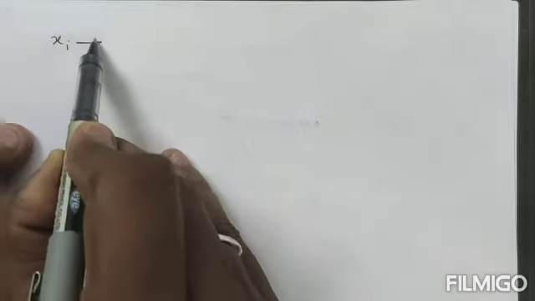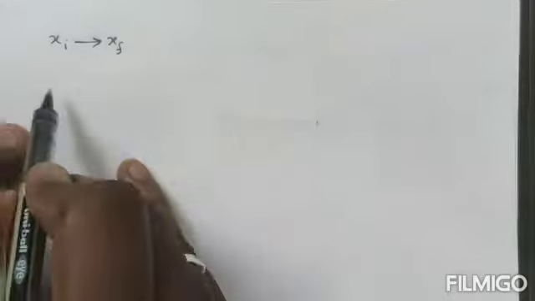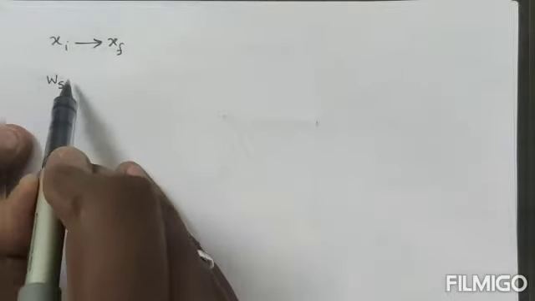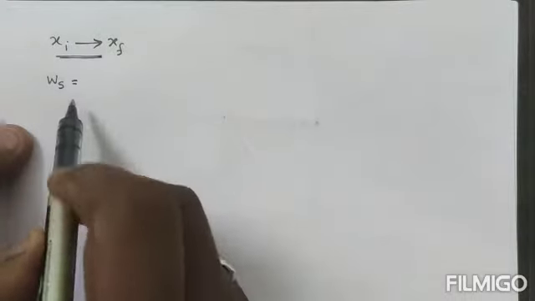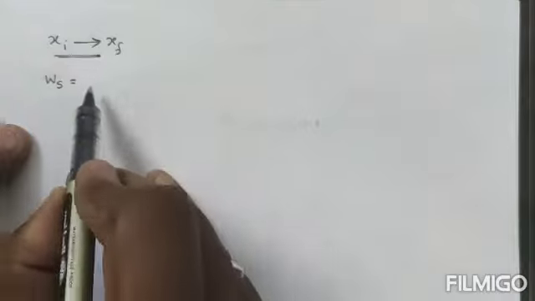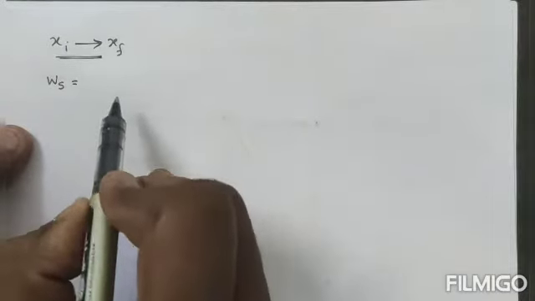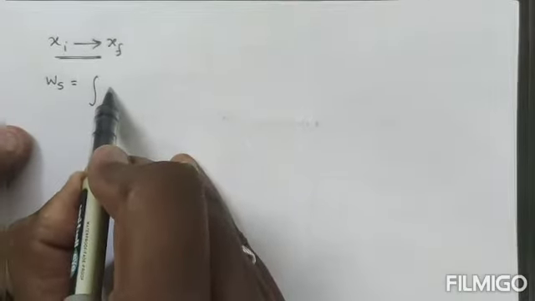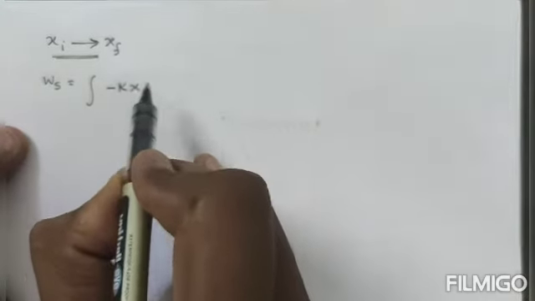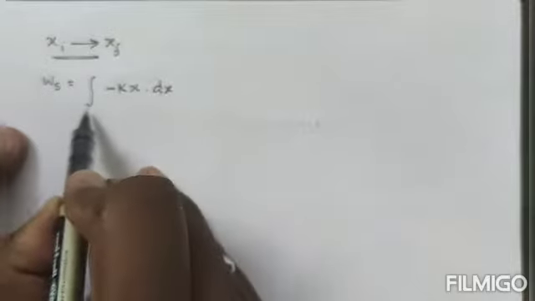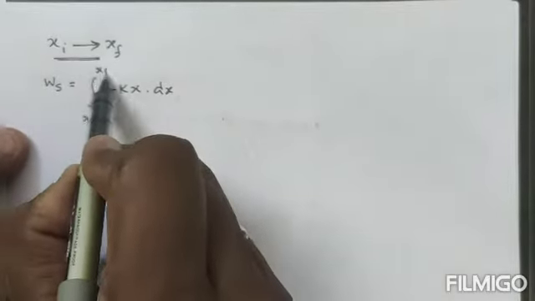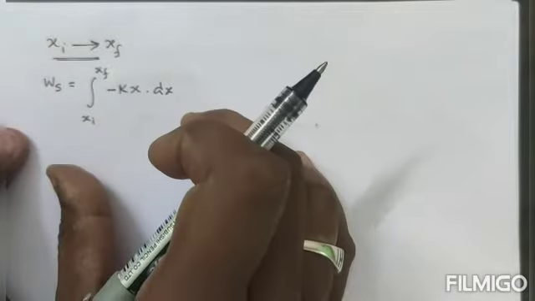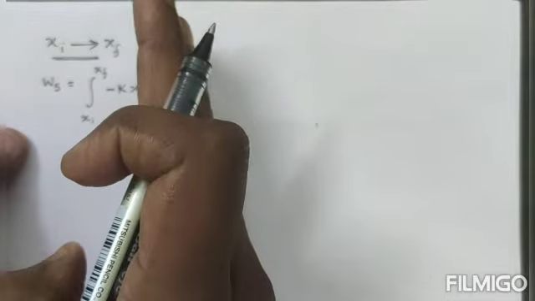You know very well that work is equal to the integral of force into dx. The force is minus kx, and the displacement is dx, from the initial position to the final position.